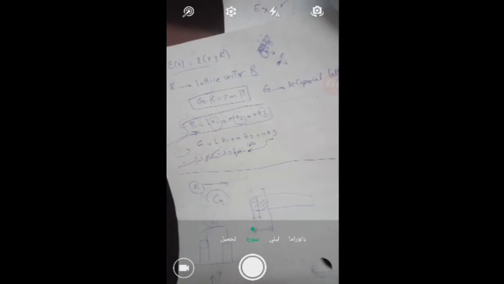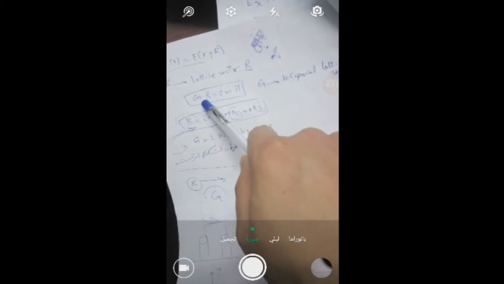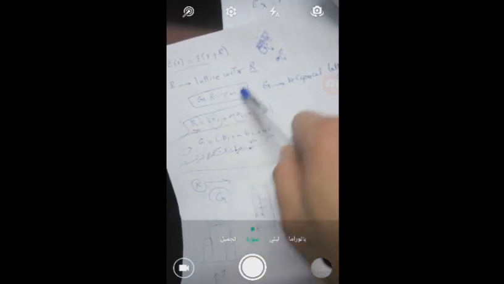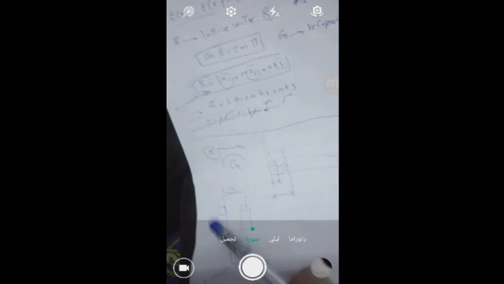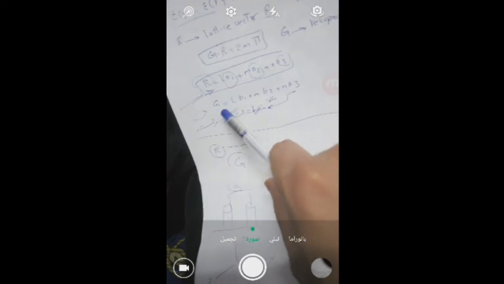If I ask you one question, what is the relation between the lattice vector and the reciprocal lattice vector? The reciprocal lattice vector G, with the lattice vector R, is described by G dot R equals this equation.